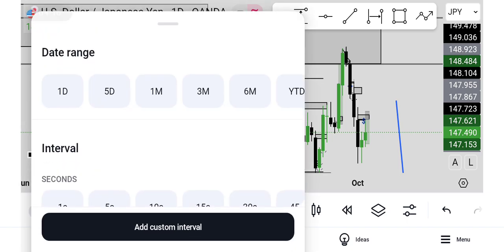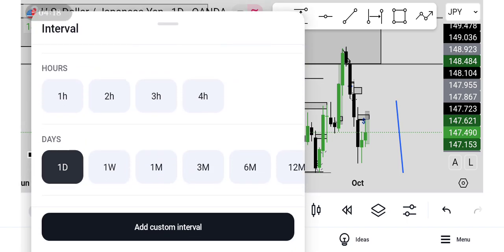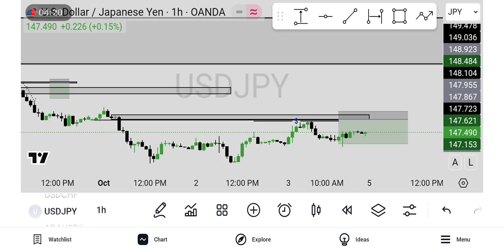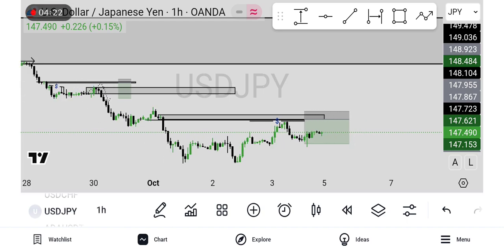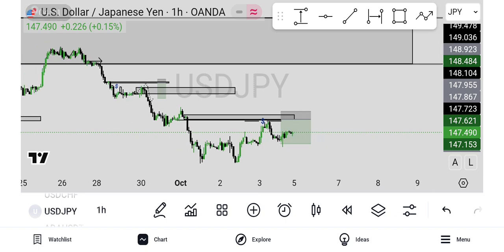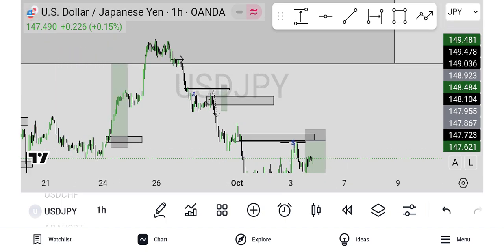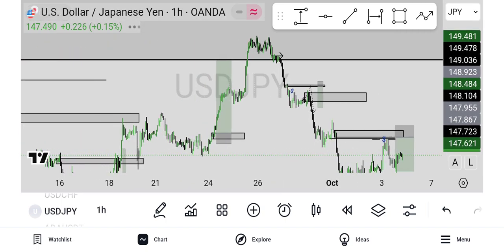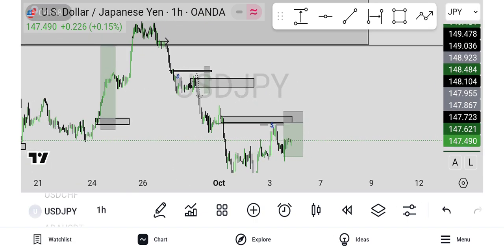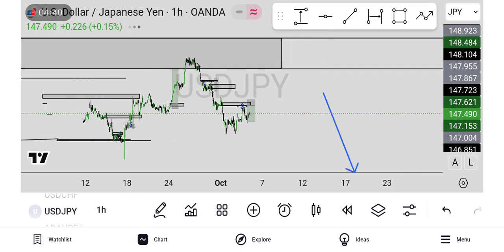Then I scaled down to a lower time frame. Now these are high time frame blocks and low time frame blocks. You draw your order block or supply block on a high time frame and scale lower to lower time frame blocks, so you can know the place price will react from.